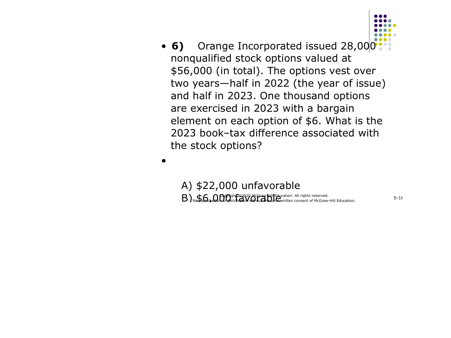All right, so now we've got another non-qualified stock option situation here. All right, so now we've got Orange Incorporated, and they issue 28,000 non-qualified stock options valued at $56,000 in total. Okay, the options vest over 2 years, half in 2022 and half in 2023. 1,000 options are exercised in 2023 with a bargain element of each option of $6.